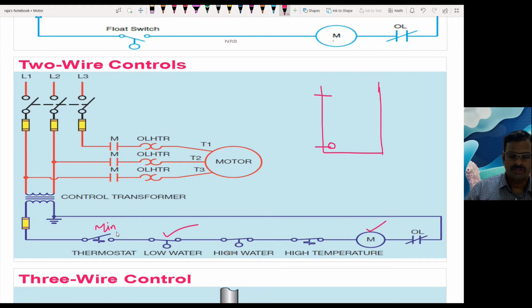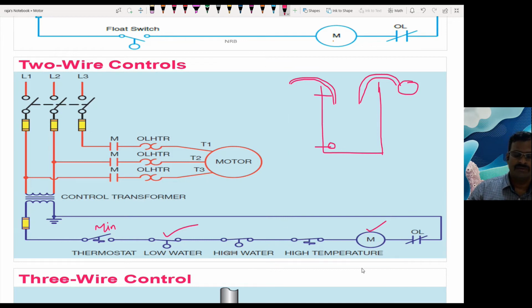We have not shown the furnace here. The furnace we are not controlling, we are controlling only the pump which takes out the water from the boiler to the next stage. Let us assume again the water is coming in continuously, and we have a motor or pump which takes out the water from the boiler to the next stage.